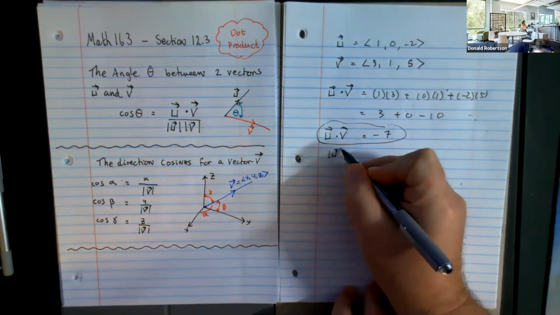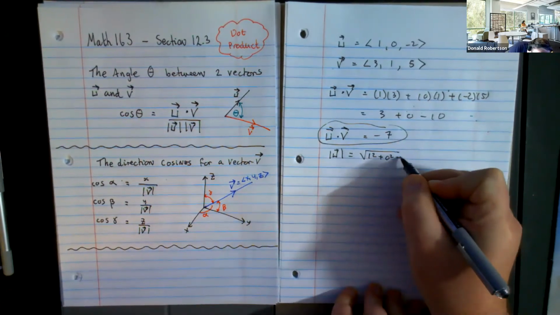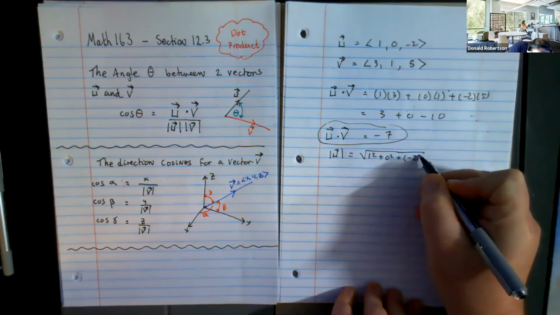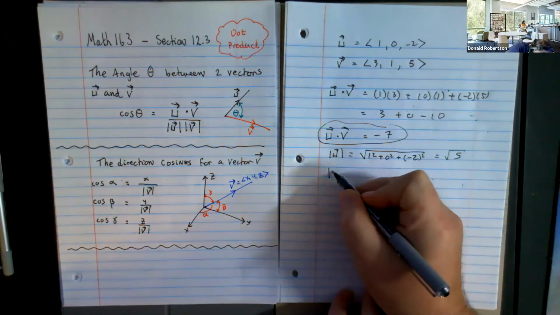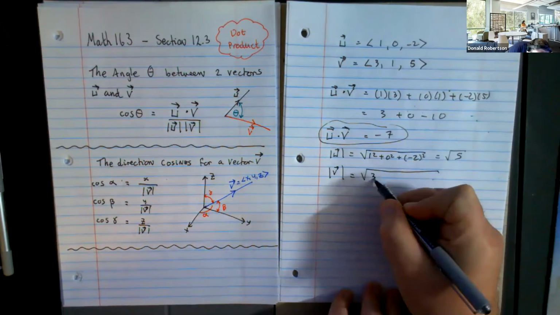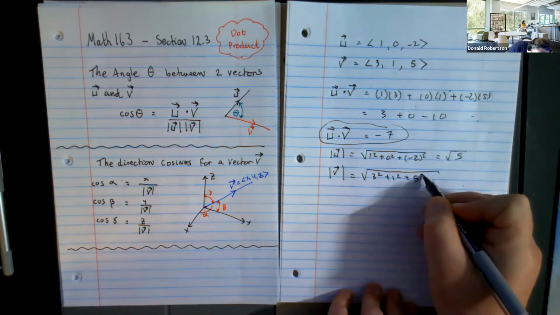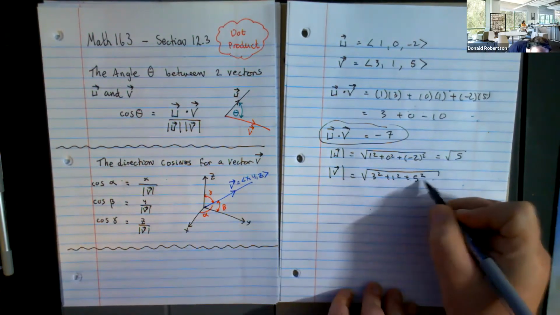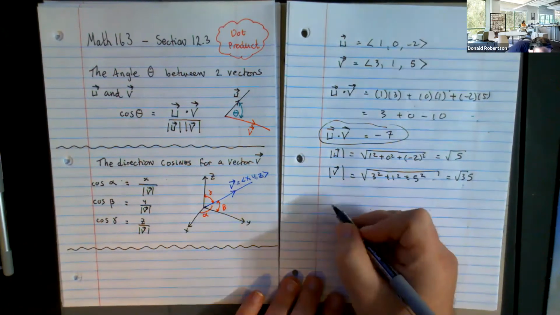The magnitude of u is 1 squared, 0 squared, and -2 squared, which I get to be the square root of 5. And the magnitude of v is 3 squared, 1 squared, and 5 squared, which is the square root of 35. Right, we're ready now.